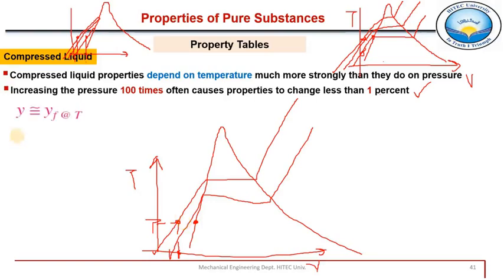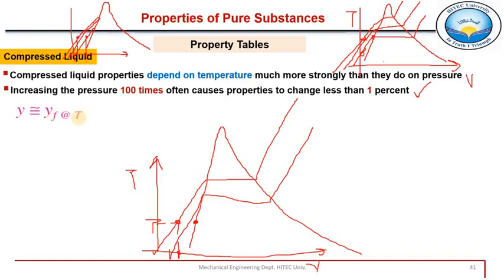So that is written here. Any thermodynamic property Y in the compressed liquid region can be assumed to be Yf, the saturated liquid value at that temperature. The effect of pressure can be neglected only for the compressed liquid region.